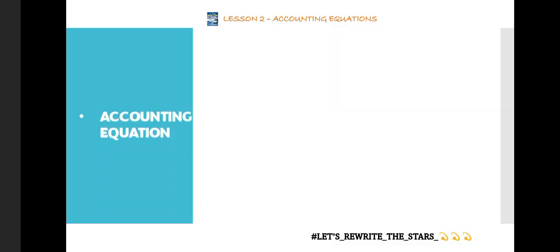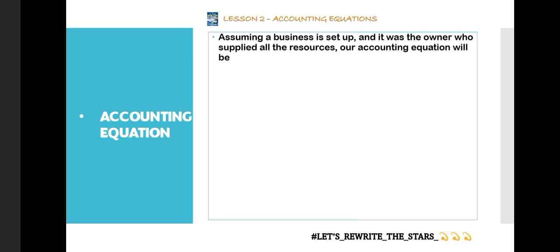So now we are going to the accounting equations, and we say, assuming a business is set up. I want to start this part with an example, a case study or a scenario. Assuming a business is set up and it was the owner who supplied all the resources.